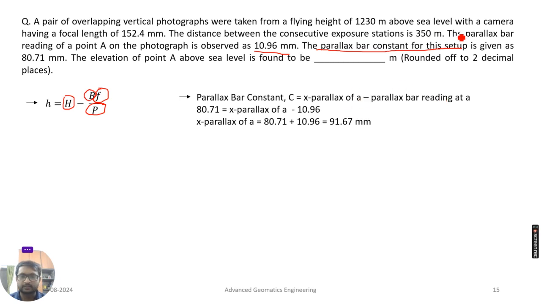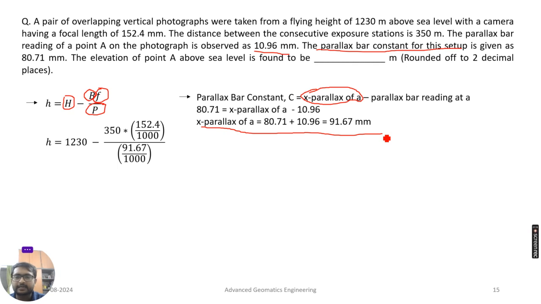Using that formula, first of all we will find the missing value, which is the x parallax of point A. We plug the other two variables into the formula and find the x parallax, which is 91.67. Once we get that, we put all these values in, which gives the result as 648.313.